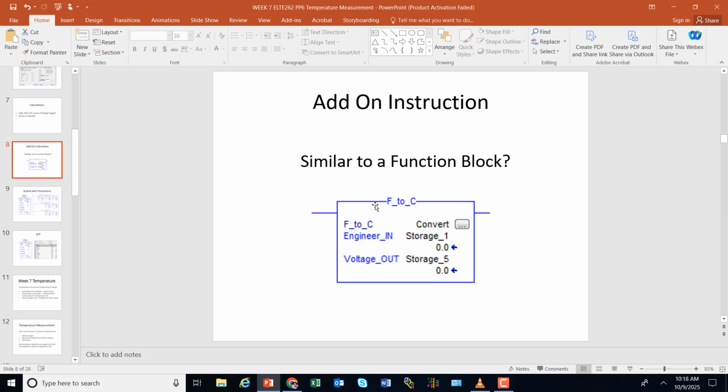So your Fahrenheit temperature, you were reading off of the analog card because that is what we had set all our engineering up to, and then we just wanted to convert to Celsius. Now in the next lab, you have to do a C to F, so you have to do a little calculation to make a C to F add-on instruction, but you get the gist of it, okay?